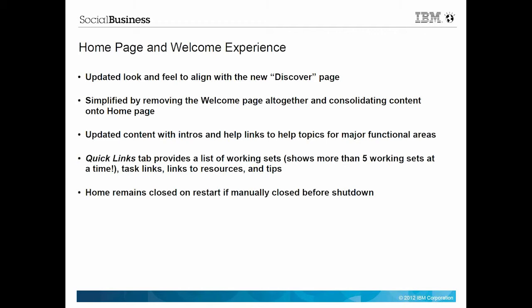We've updated the content with some introductory information and also some help links, so basically to bring you straight into the help system for different topics that we're discussing in the home page. And then we have this quick links tab that allows you to set which working set you want to use. It also shows all of your working sets as opposed to the previous experience in the navigator where you would just see your 5 most recent working sets.